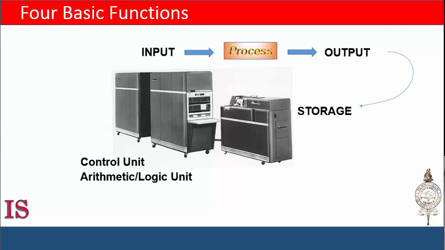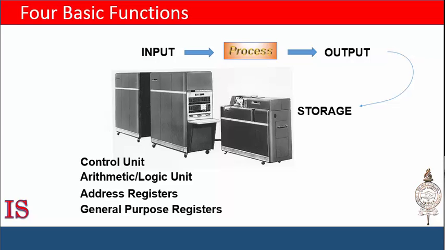There was the arithmetic logic unit that performed all of the arithmetic operations and made all of the logic decisions. There was the address register that held instruction addresses during processing, and also multiple general purpose registers that served as temporary storage while instructions were being executed.